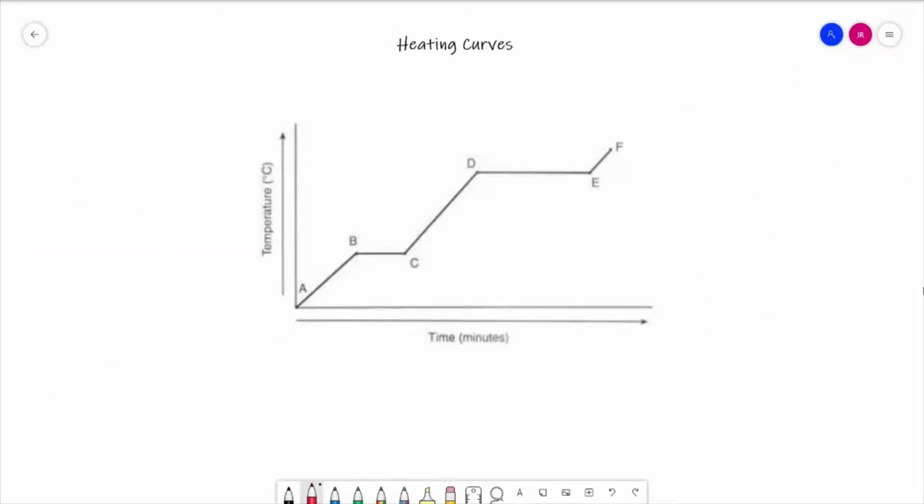Now, of course, all of that is well and good for the bits of this graph that are sloped. So on the last slide, we covered A to B nicely, we covered C to D nicely, and we covered E to F nicely. But of course, what we didn't discuss are these two bits here, B to C and D to E. Now, hopefully, straight away, what we can see is that these points here are when we have a change of state.